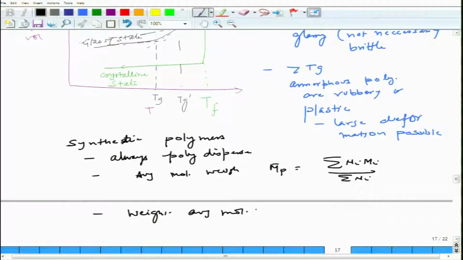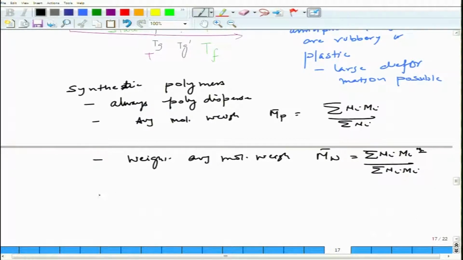which is going to be something like this, summation Ni Mi square divided by summation Ni Mi. Okay.